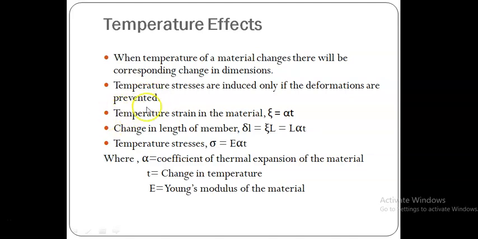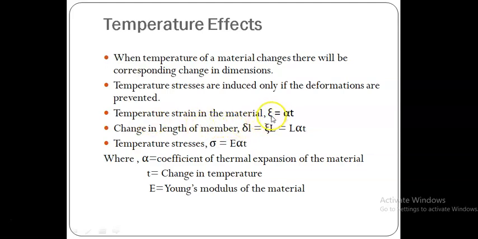If the member is freely allowed to deform, there will not be any stresses induced. But if the members are clamped or their deformations are prevented, then thermal stresses or temperature stresses are induced. First, let us see how we can find the temperature strain in the given member or material.